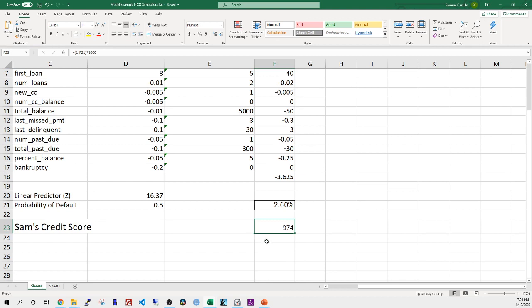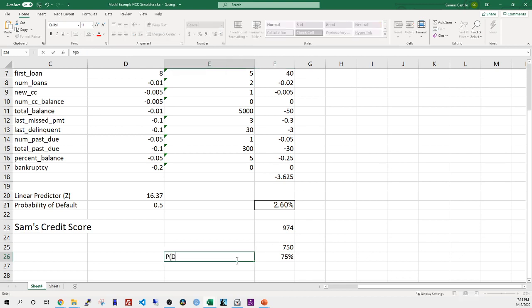So in other words, you can think of a credit score as a probability. Like, let's say your credit score was 750. Divide that number by 1,000, and that would be the probability of not having a default.